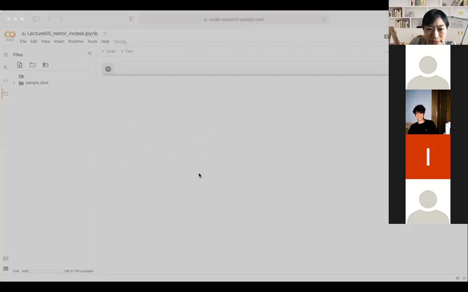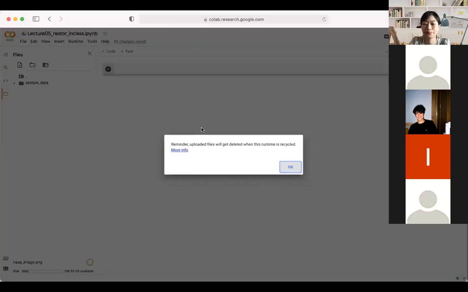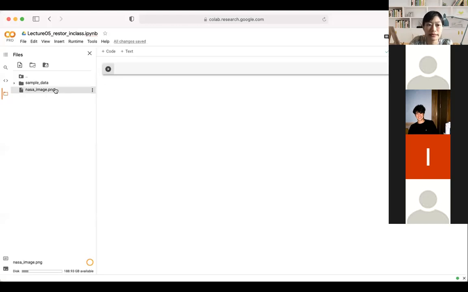Image processing. Okay, I have uploaded the NASA image here now.